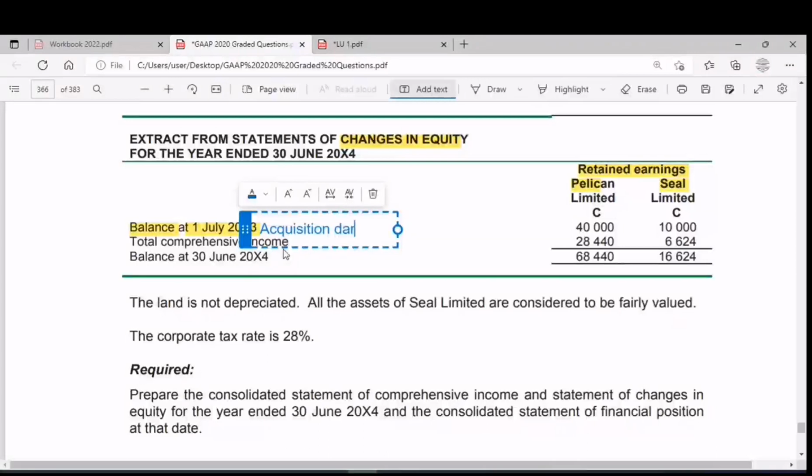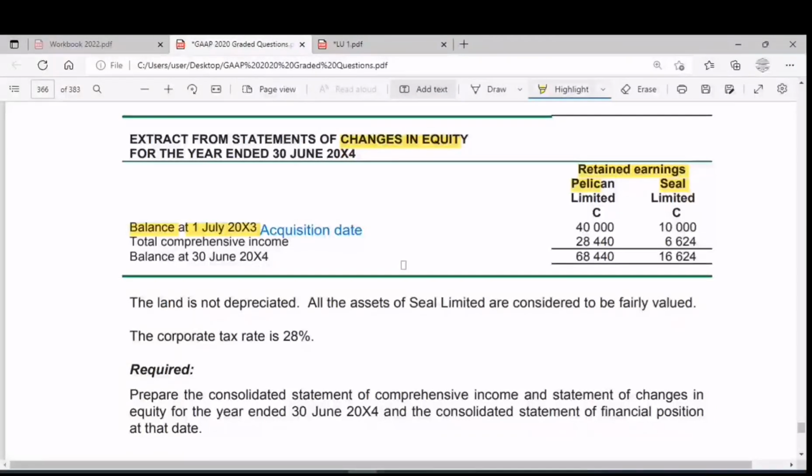So this is the acquisition date. So uthi uqala nje unyaka yabe yenza i-transaction yokuthi uPelican ayothenga ama-shares from uSeal. So at that date, beginning of the year or its acquisition date, the balance retained earnings for Pelican 40, sibe nama-total comprehensive income, ama-profit wabo lawa abawenzile, then bese sithola ama-closing balance.